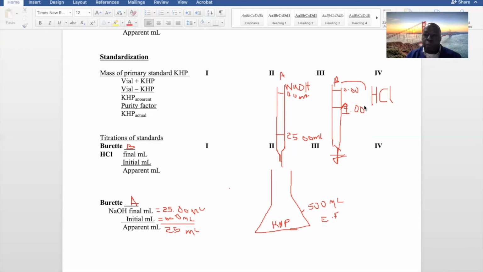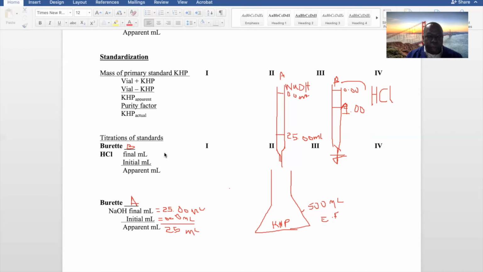You have to account for how many ml of HCl you used to back titrate your over titrated sample of KHP. Remember, KHP is an acid. Remember, HCl is an acid. So all the ml of NaOH in this over titrated sample will be consumed by two types of acid: one is KHP, and the other acid is HCl.